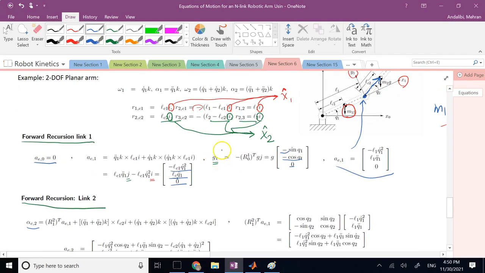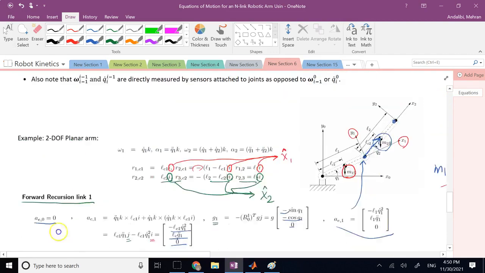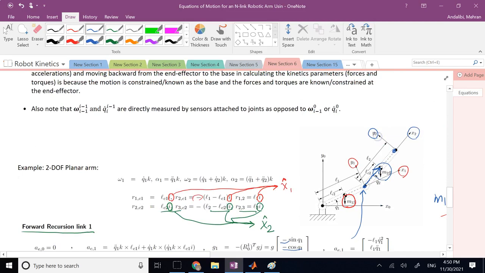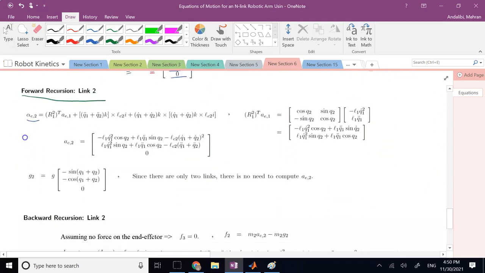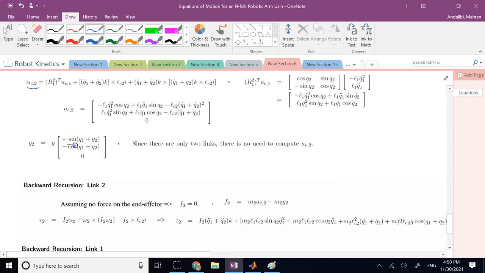Again, you have to project the mg, this time along x2 and y2. And for that, you need the total angle here, which is Q1 plus Q2. That's why you see sine and cosine of Q1 plus Q2 with negative signs used for projecting G. And when you get this AC2, again, each one of these two components are along the local x and y.